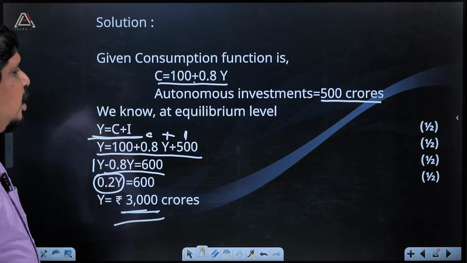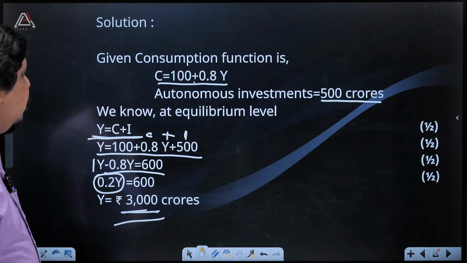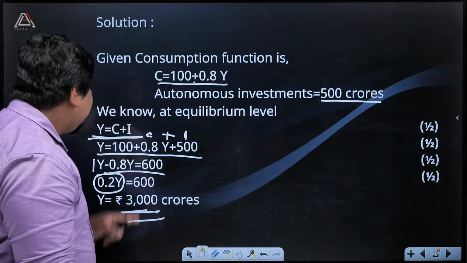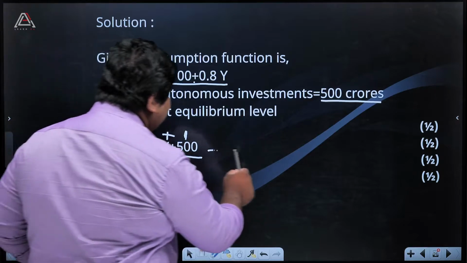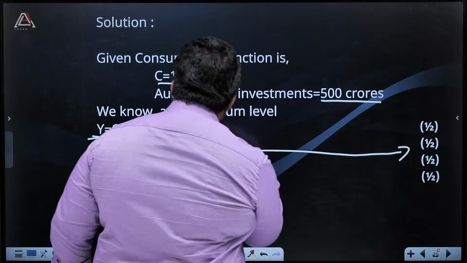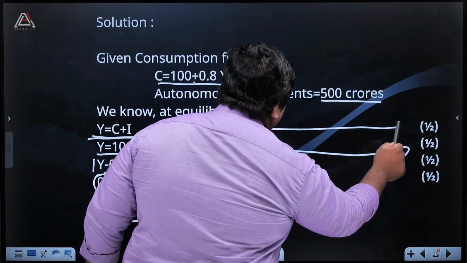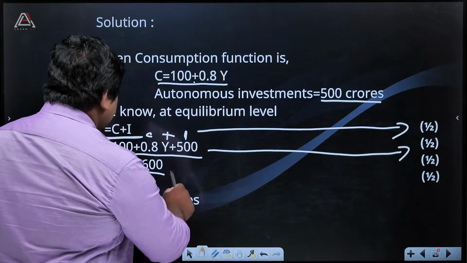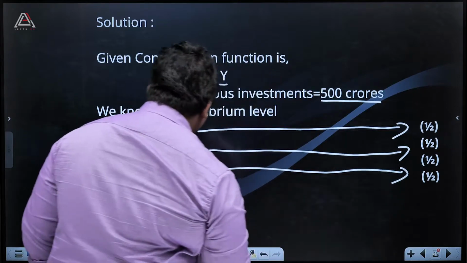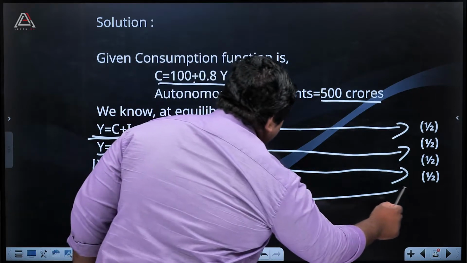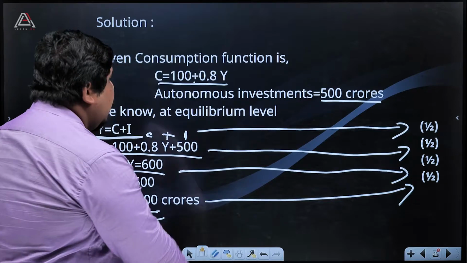You just check the marks distribution here. You have to check the marks distribution. Half marks for this formula, then the second part half marks. You can find it here. You have to write the entire solution, then for the final answer you will have half marks.